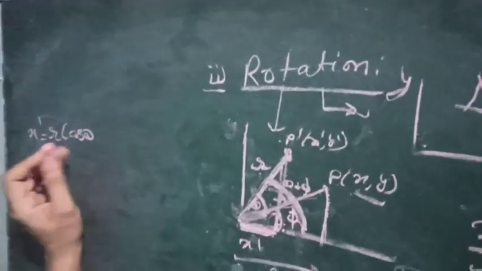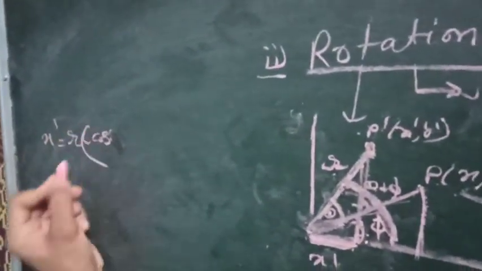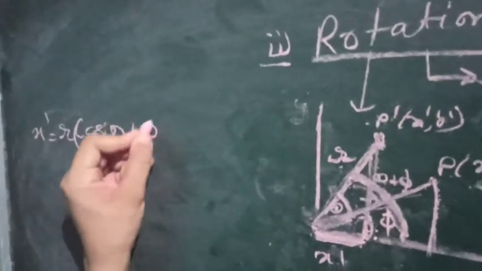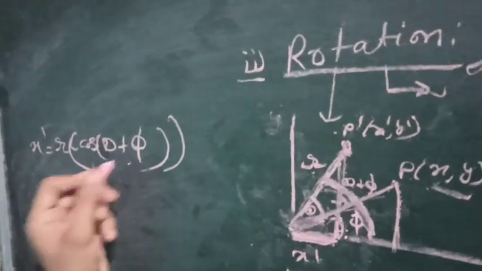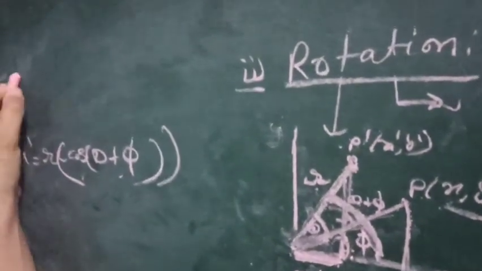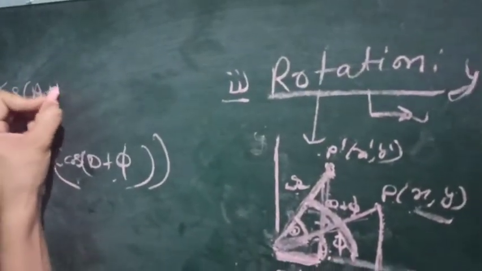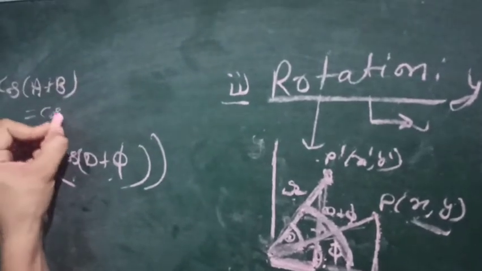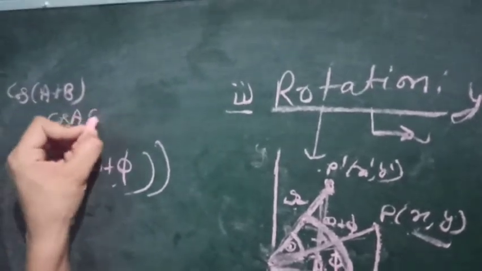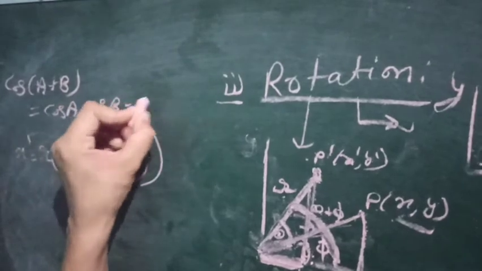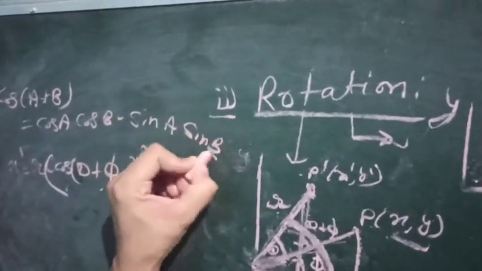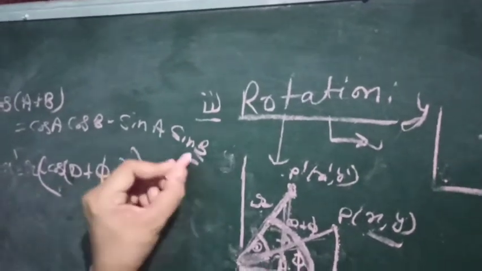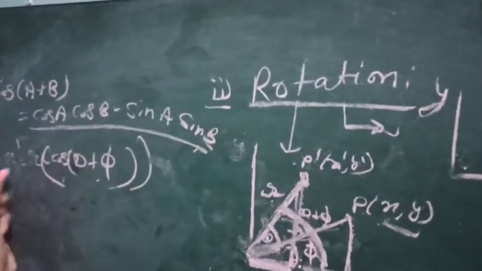Now let's solve equations 5th and 6th, as we have x dash equal to r cos theta plus phi. As we know, cos A plus B is equal to cos A cos B minus sin A sin B. Now apply this formula in this equation.